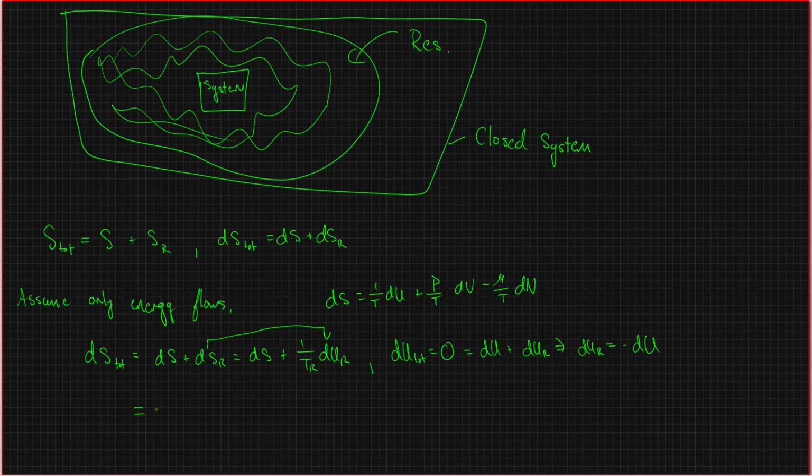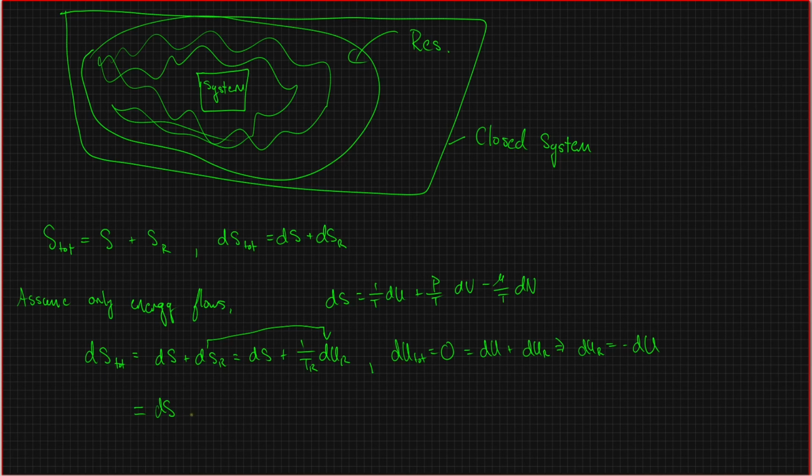So we put that expression in here. And then another thing, obviously, is that we're assuming that the system is in equilibrium with the reservoir, and the reservoir is at temperature T. So the reservoir temperature is the same as the system temperature.